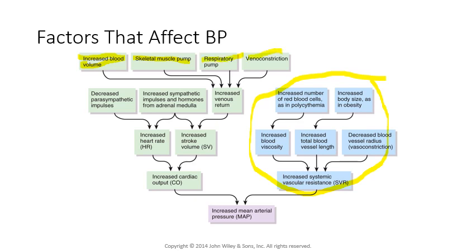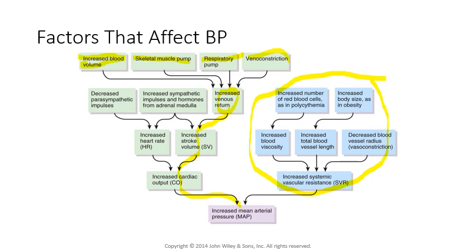Respiratory pump, venoconstriction. Remember, all of this has to do with increased venous return, which we talked about in the last video. That's going to help contribute to more blood getting back into the heart, which is going to increase the stroke volume. Remember, the stroke volume is the actual amount of fluid that can fit in the ventricle. So increased stroke volume is going to increase cardiac output, and increased cardiac output is going to have an effect on the mean arterial pressure here.